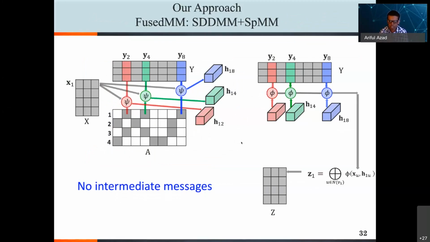We generate messages and then aggregate immediately instead of storing them in memory. It can save memory as well as lots of memory traffic, and we can easily get a faster algorithm.